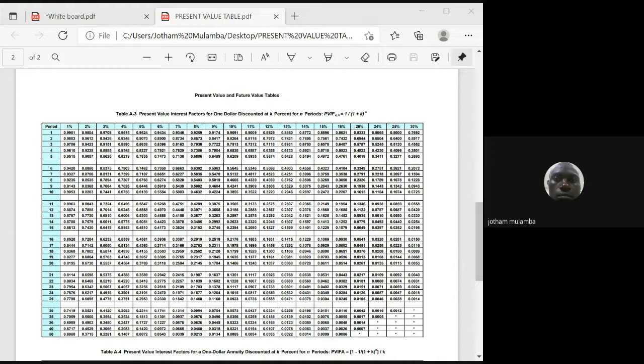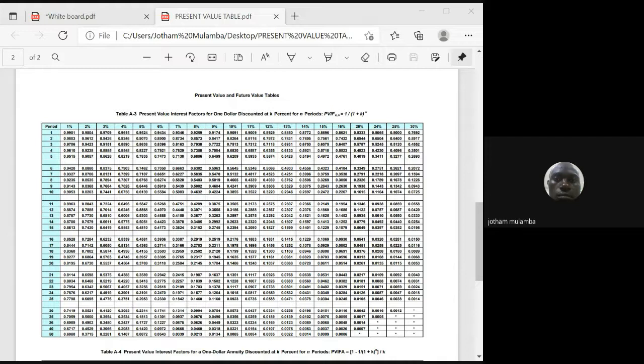Then we have what we also refer to as treasury bills. Though in Kenya, these treasury bills mostly work with the government. The government can borrow money from the citizens for a short period.